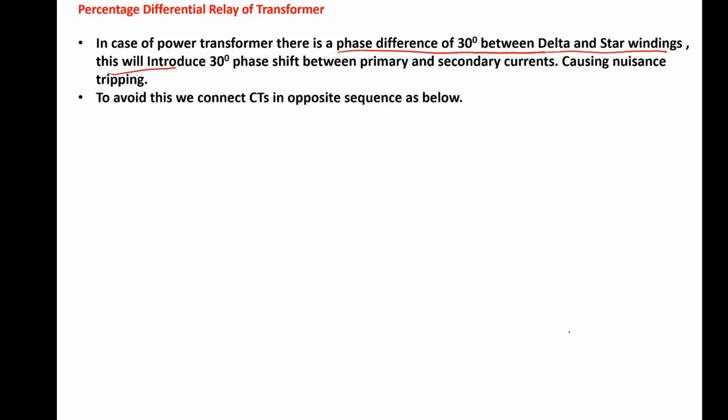Since our differential scheme compares both the magnitude and the phase angle, there is a difference of 30 degrees in the currents.